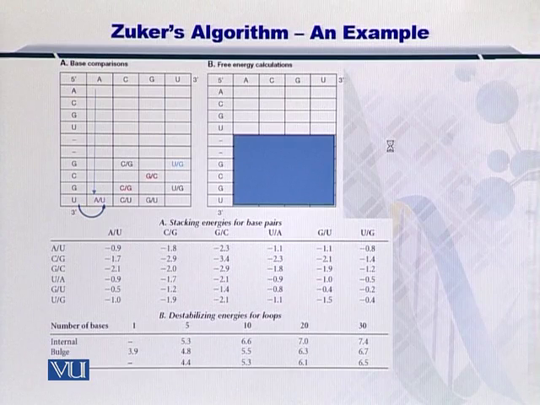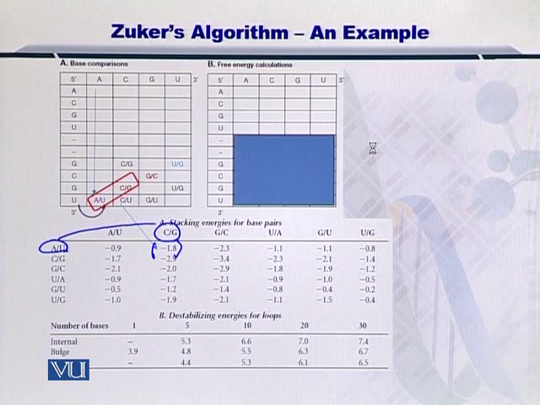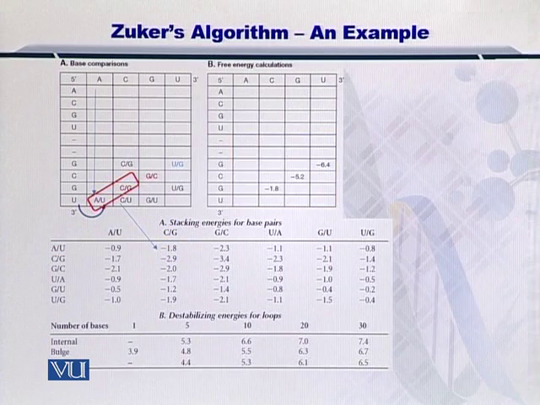If you look at the table given below for the stacking energies for base pairs, you can see that the AU couple shown here actually gives out minus 1.8 kilocalories, and if it is followed by a C or G, as shown by this red box, then we can put this value in the energy table shown on the right side.